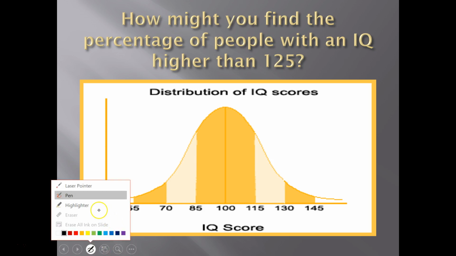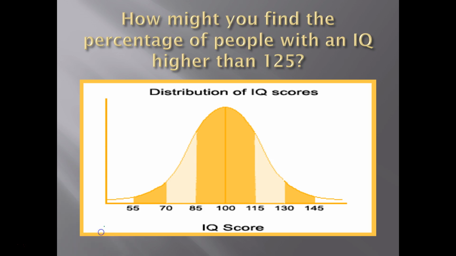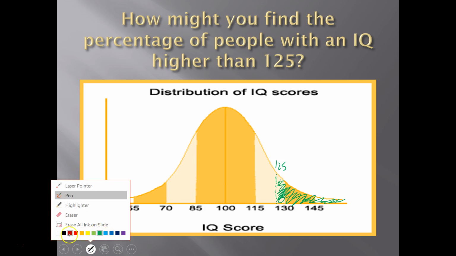It says, how would you find the percentage of people with an IQ higher than 125? So where would 125 be on this thing? To me, 125 looks like it would be right about there. So it's asking, what's the percentage of all these people in here? Let's go through and label our z-scores again.